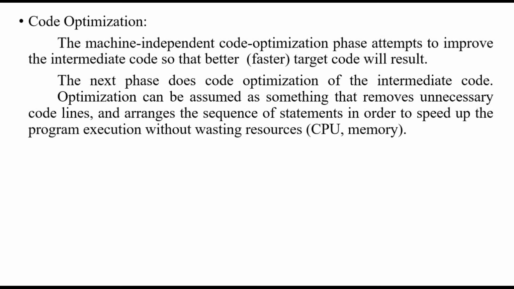Optimization can be assumed as something that removes unnecessary code lines and arranges the sequence of statements in order to speed up the program execution without wasting resources in terms of CPU or memory. Here the meaning of the original instructions does not change, it just optimizes the given code by removing unnecessary code lines.